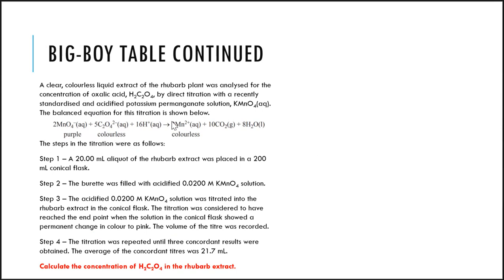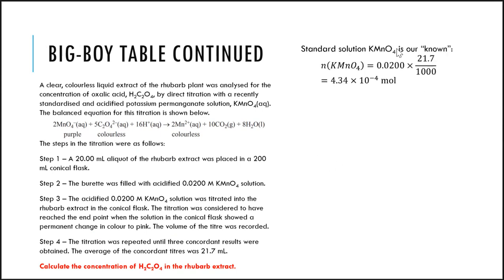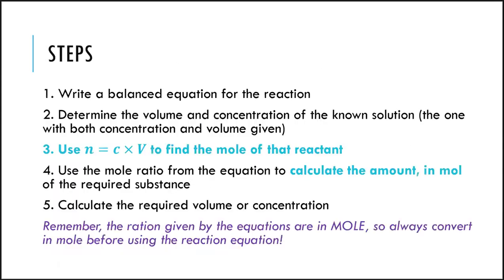So our known is definitely the standard solution of KMnO4, and the amount in mole can be calculated as this. Now let's go back. We know that, so we can cross it off. The next step, use the mole ratio from the equation to calculate the amount in mole of the required substance. Then rearrange the formula to calculate mole or volume or concentration.